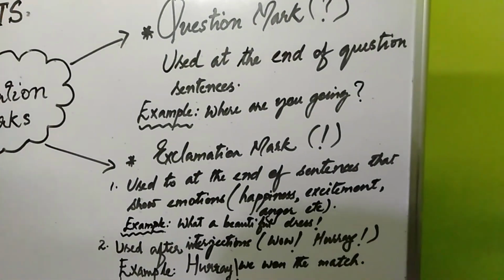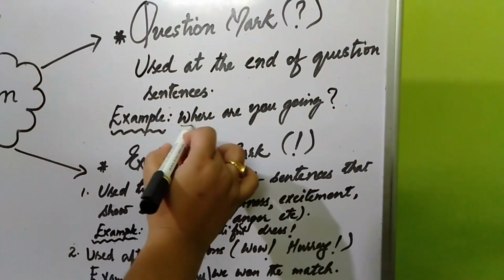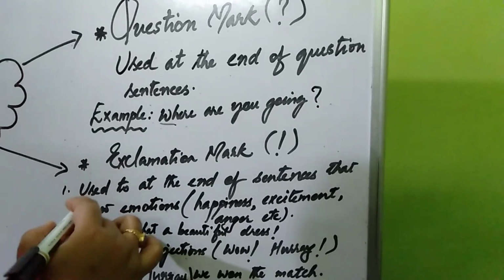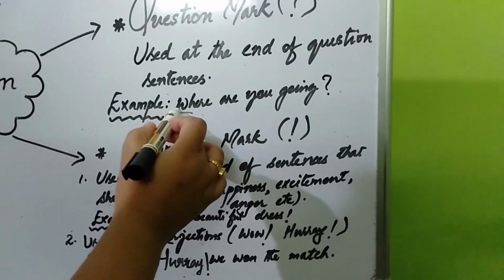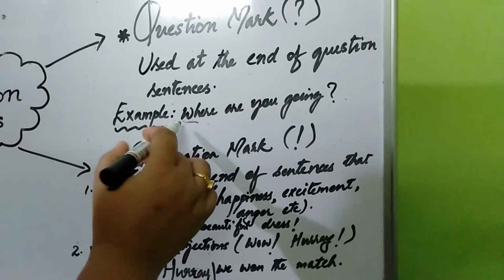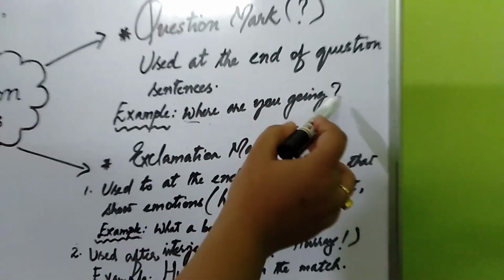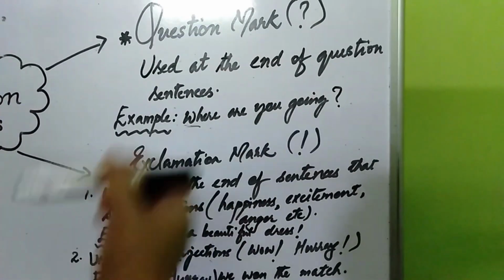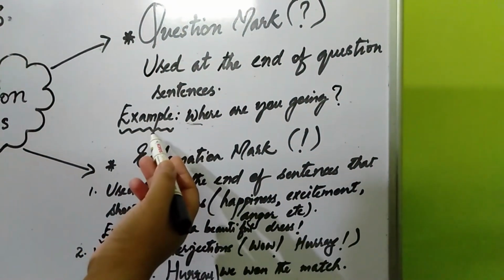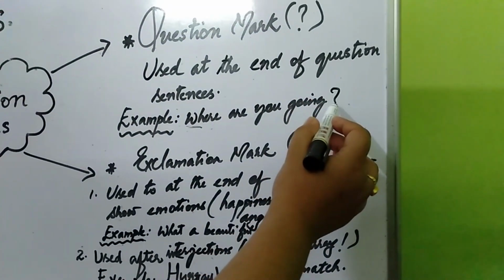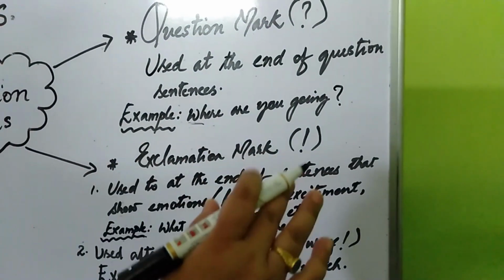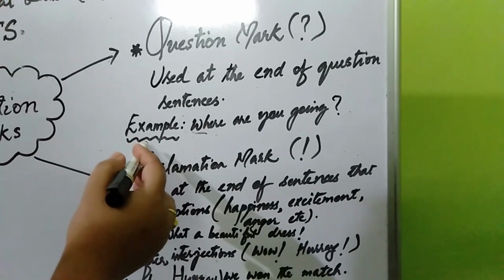Okay, and mostly it is said as WH sentences like when, where, whose, what. All these sentences, the beginning of the sentences starting with WH, use a question mark, right? And here also any sentence which asks us a question ends with a question mark and not with a full stop.